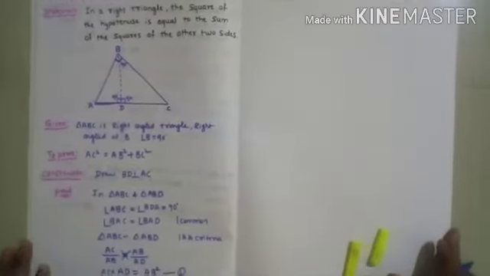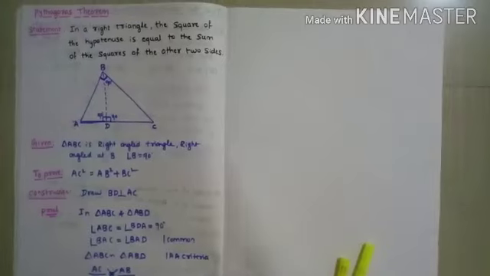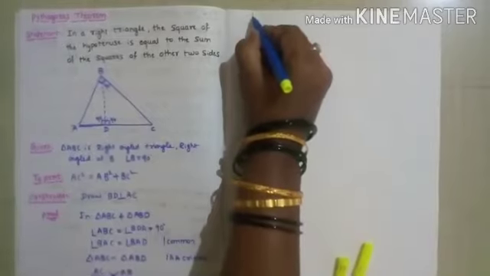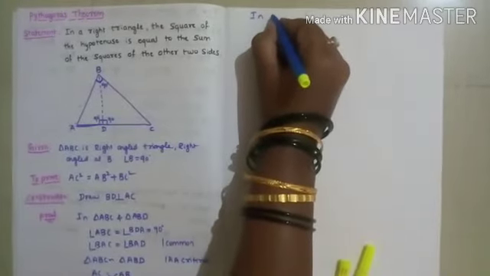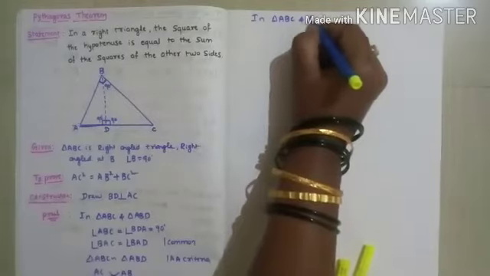Now similarly we can prove ABC and DBC are similar. Now we have to consider triangle ABC and triangle BDC.